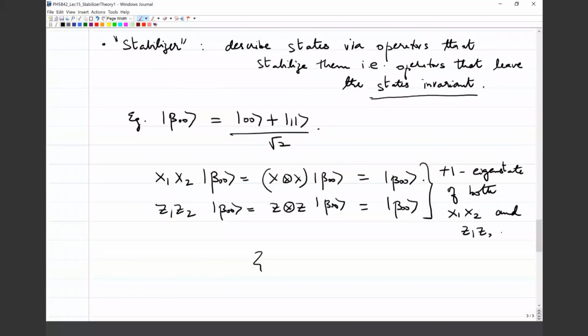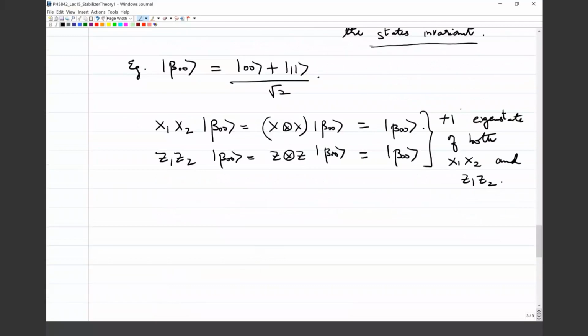It turns out that you can show that in fact this is the only, so I shouldn't put this dash, let me just say +1 eigenstate. This is in fact the unique state.